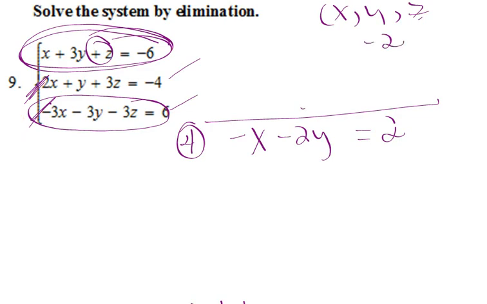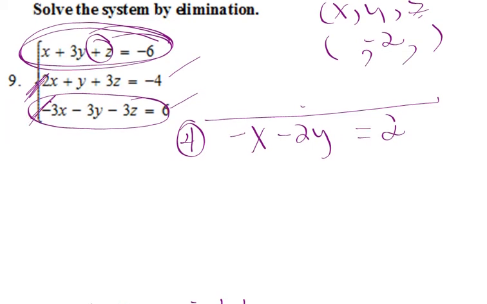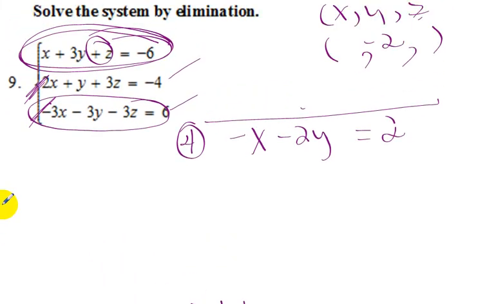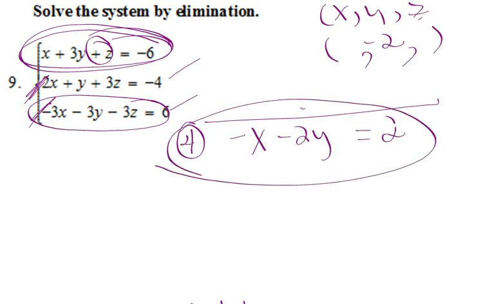Now I'm going to plug in my negative 2 into equation 4. And I can do that because I already eliminated a variable and solved, right? So now I've got my y, so now let's just plug it into equation 4 and get our x.